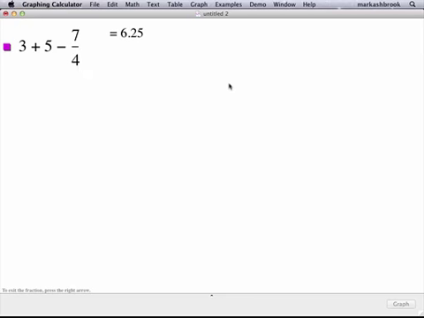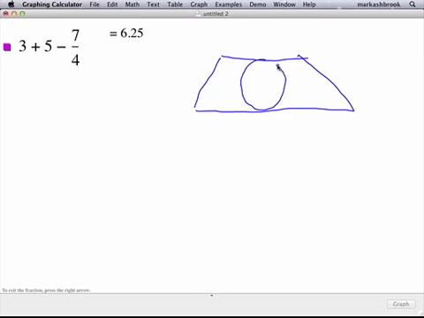So let's do a little exercise here to practice that. Suppose I have a trapezoid, and then this really is a circle. Much better than the first class.